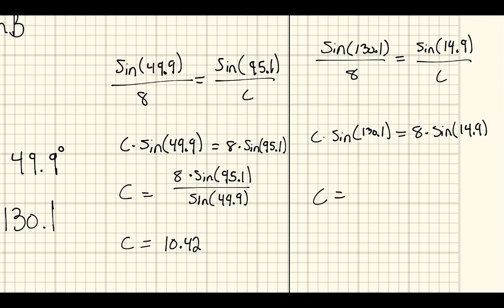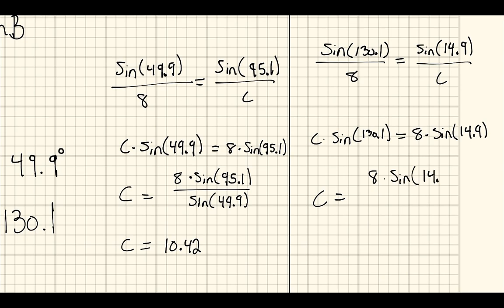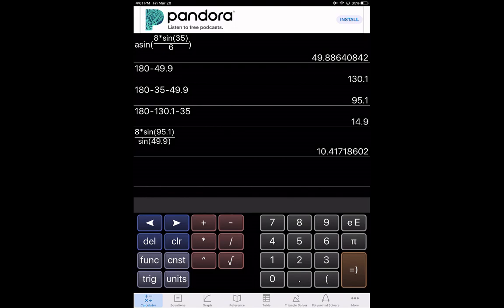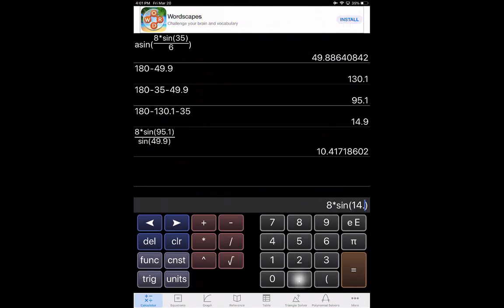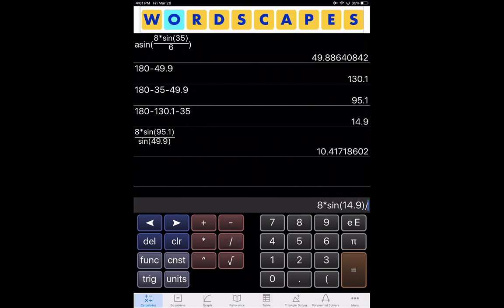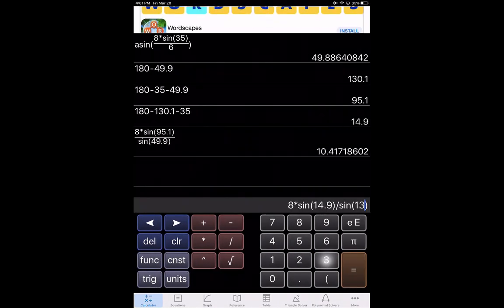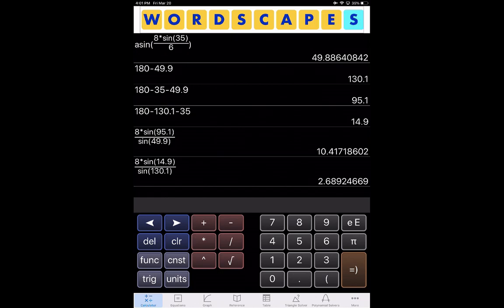One more step, c equals 8 times the sine of 14.9 over the sine of 130.1, and thank goodness we are almost done. Divide that by the sine of 130.1. And I get 2.69.